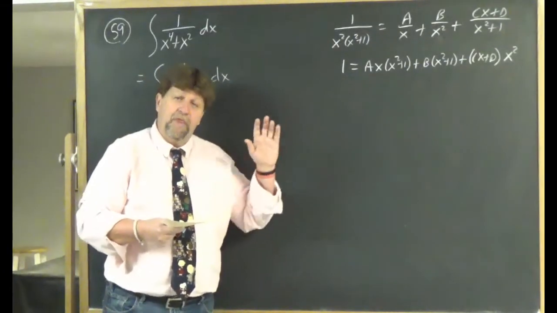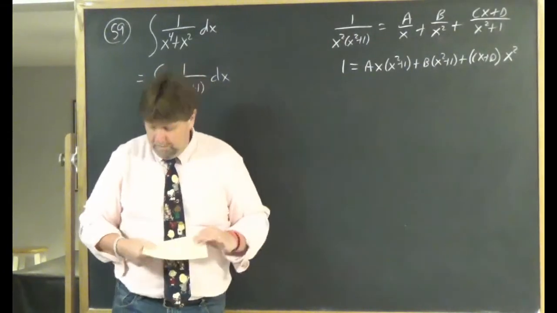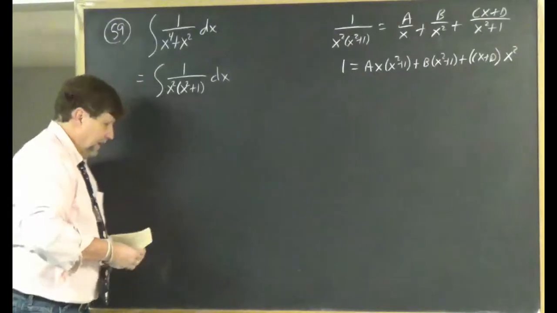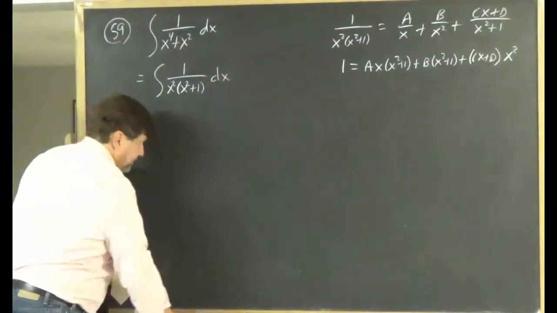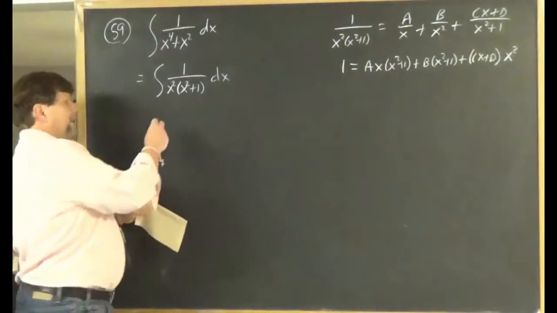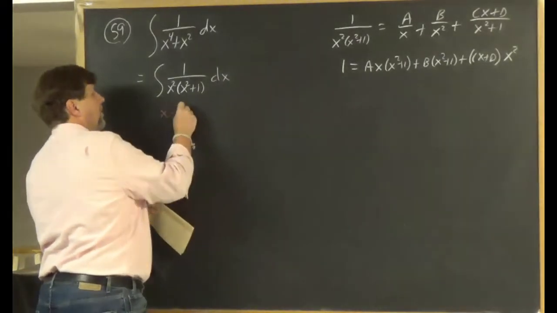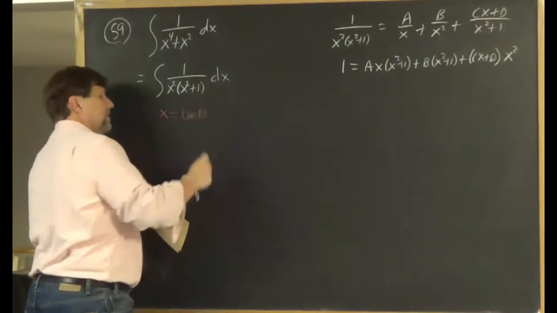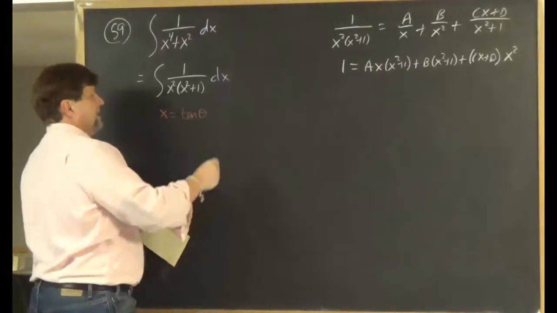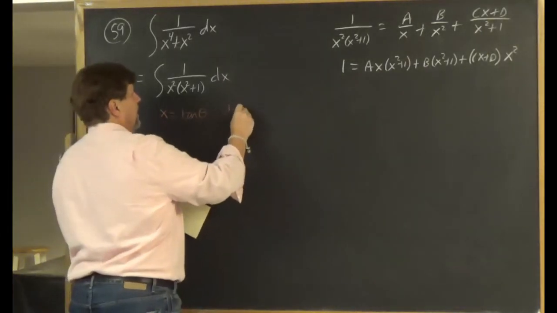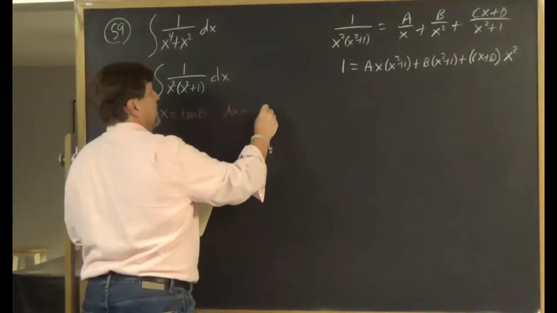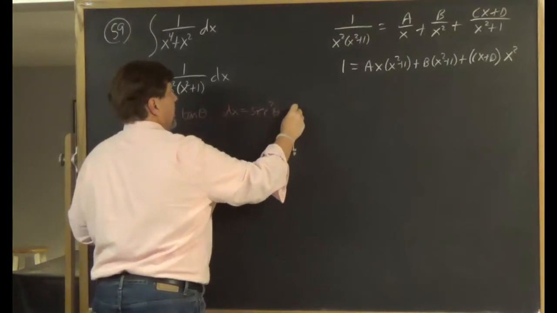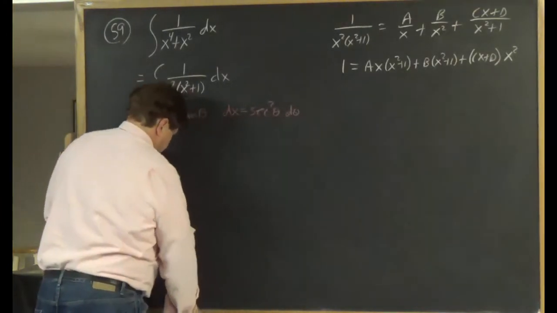So I thought partial fractions, but now I'm having a rethink. And here's the rethink I'm having. What if I let x equal tangent theta? If x is tangent theta, we know dx, well, the derivative of tangent, is secant squared theta d theta.